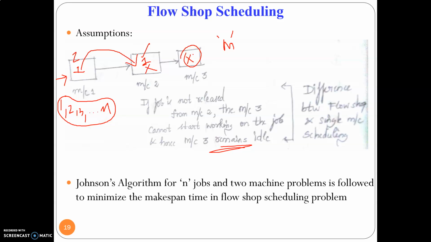So in flow shop scheduling, the idle time of the machines is an important parameter to be considered.